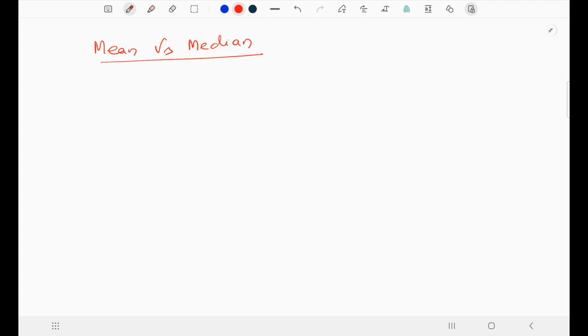Median is a more accurate form of central tendency, especially where there are some irregular values, also known as outliers. In real-life data collection there may be errors, and in those cases the mean may give the wrong central tendency, but the median may give the accurate one.